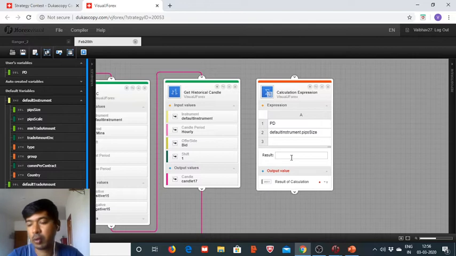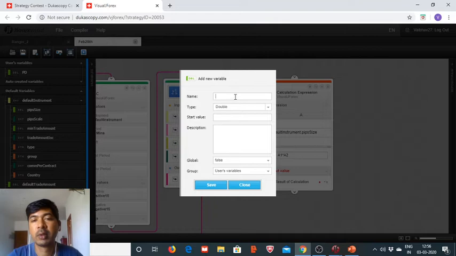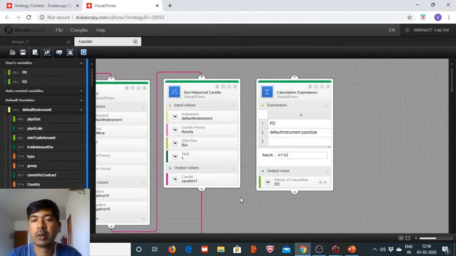Right now it is only a numerical 10, so we multiply A1 by A2, and the result we get is going to be 10 pips. So we will now name it ED, execution difference. So we are going to save it.